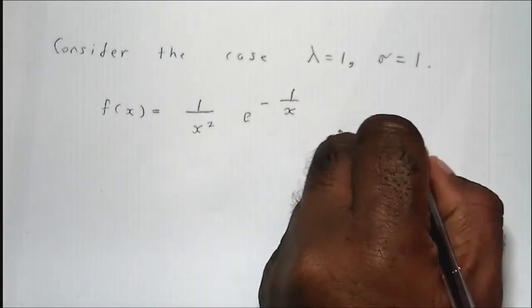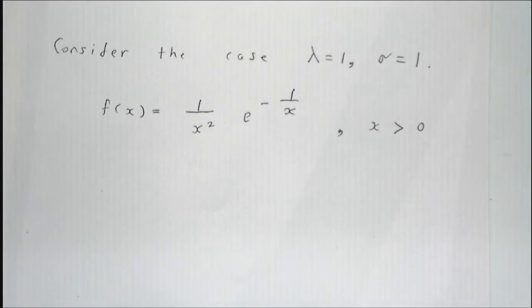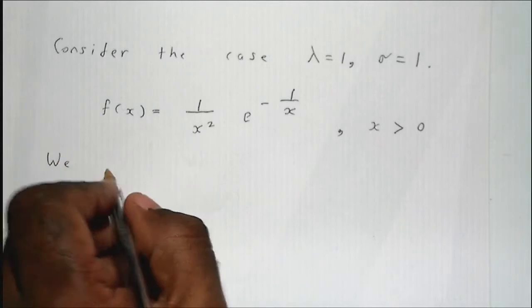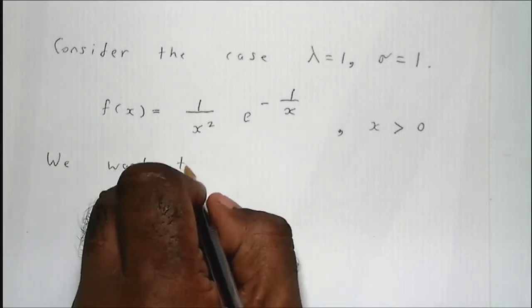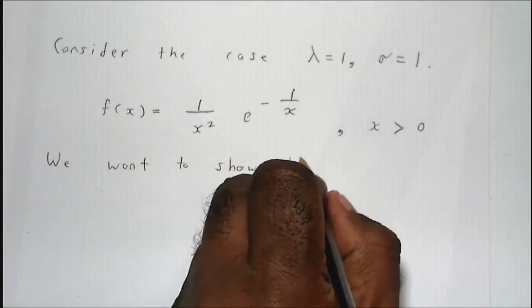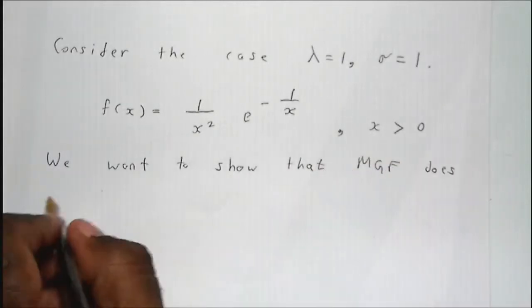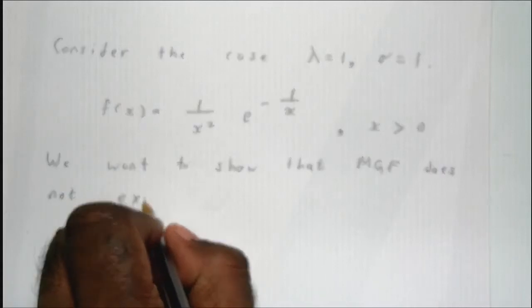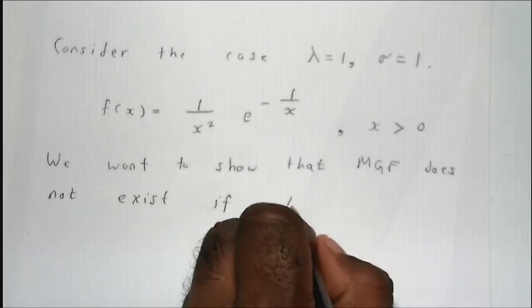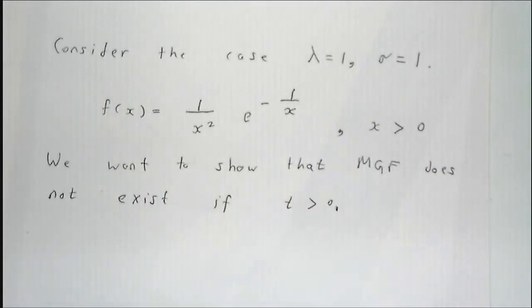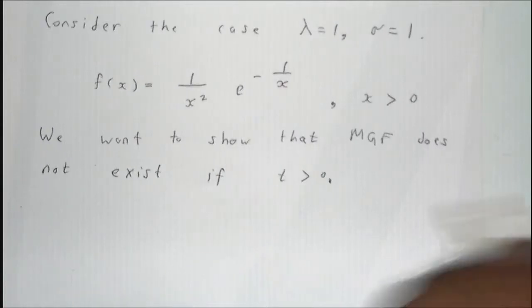This is the density function, right? And we want to show that the MGF does not exist for this distribution if t is greater than 0. So the trick is as follows.